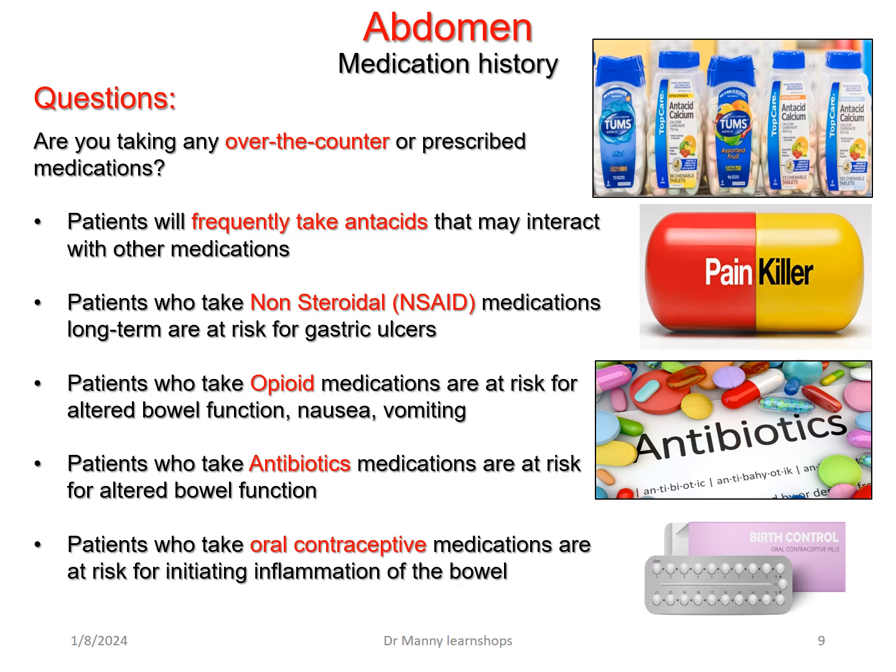Patients who take non-steroidal anti-inflammatory drugs are at risk of gastric ulcers if taken over a long period of time. Patients who take opioid medications are at risk of constipation, nausea, vomiting, bloating. Patients who take antibiotics are at risk of altered bowel function. Patients who take oral contraceptives are at risk of developing inflammatory disease related to the bowel.